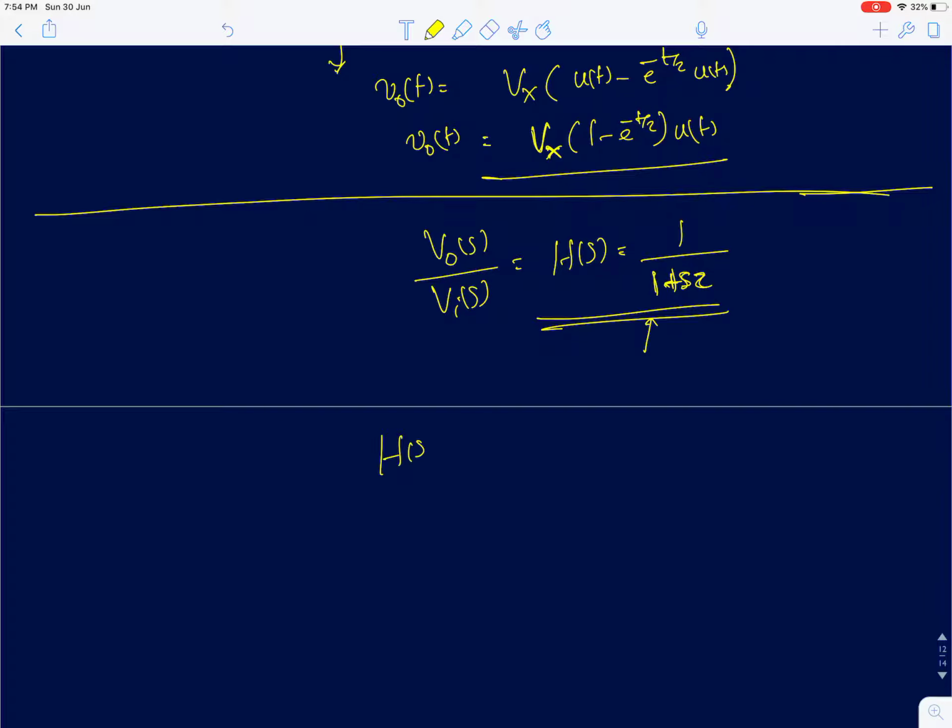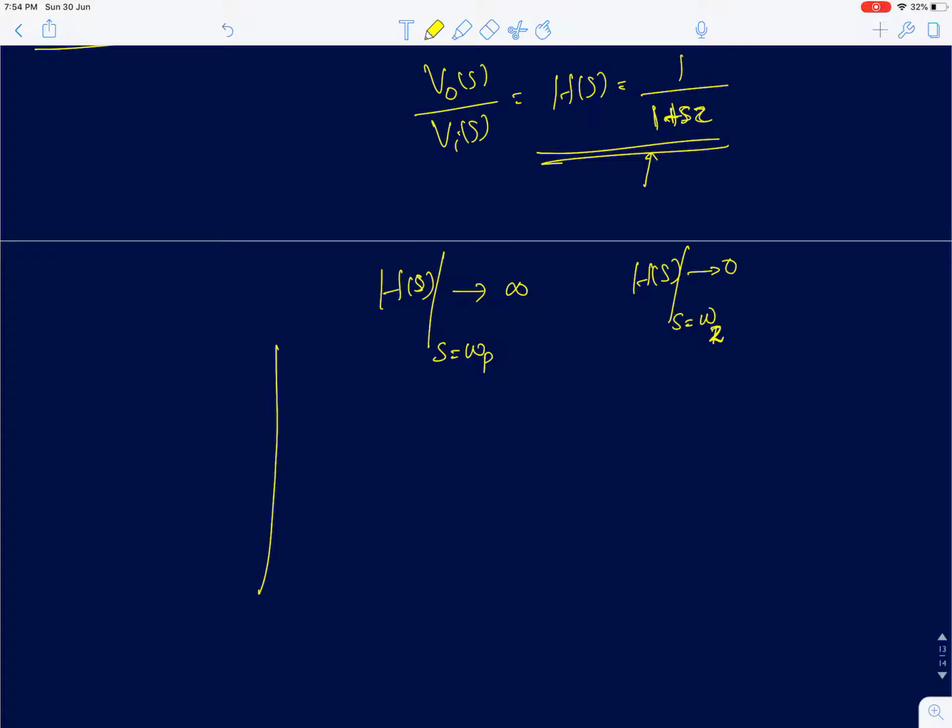If you have taken a basic course on signals and systems, you would know that the transfer function blows up to infinity at some values of s, and those values are called poles, and it also goes to 0 at some values of s, and those values are called zeros.